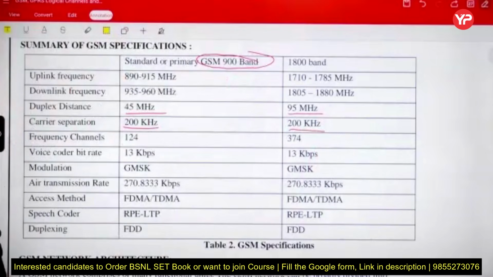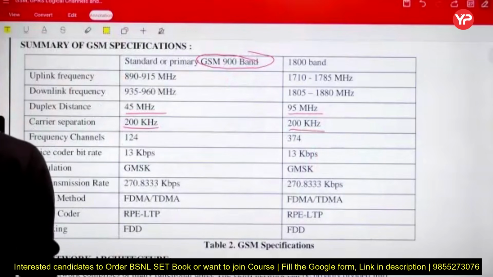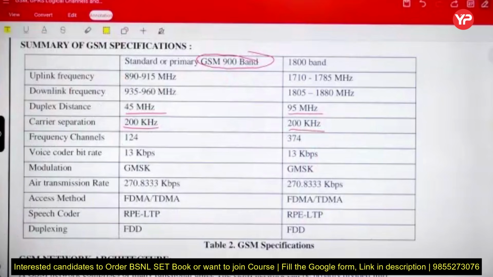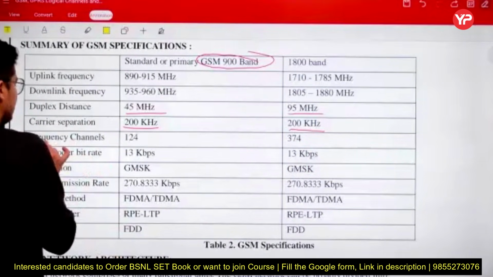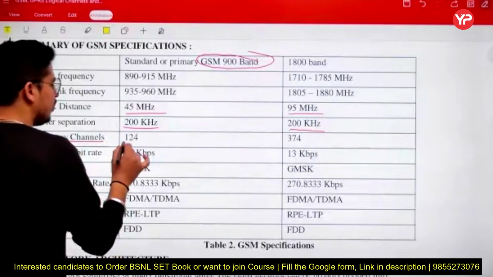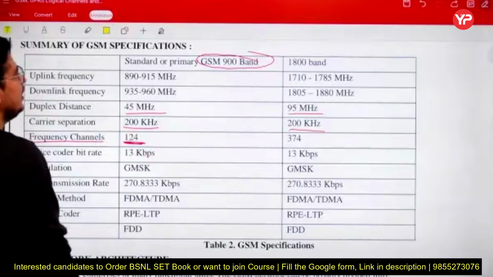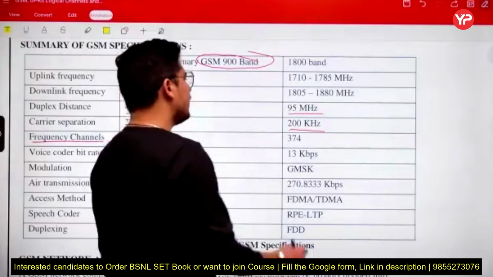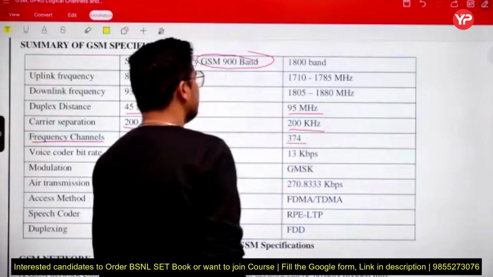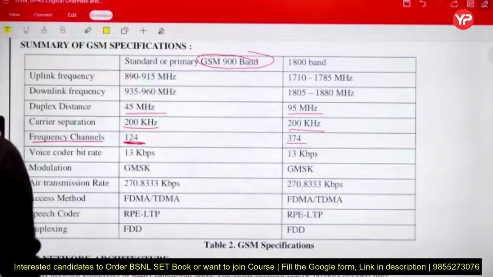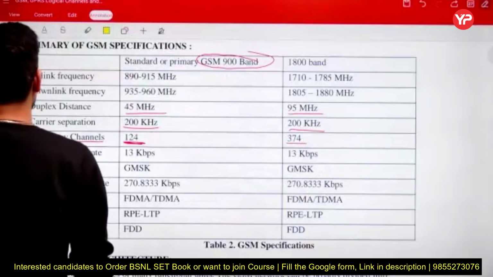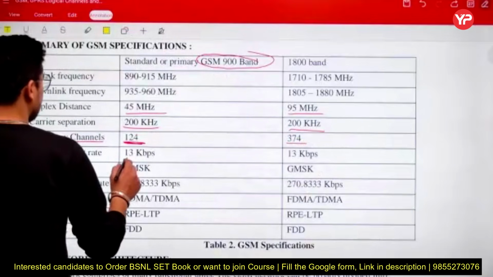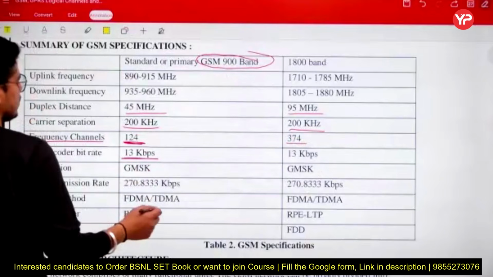And another thing is how many users we can connect. I already told you that thing. And then frequency channels, there are 124 frequency channels in case of 900, and in case of 1800 there are 374 channels, right? Next is voice coder bit rate, that is 13 kbps.